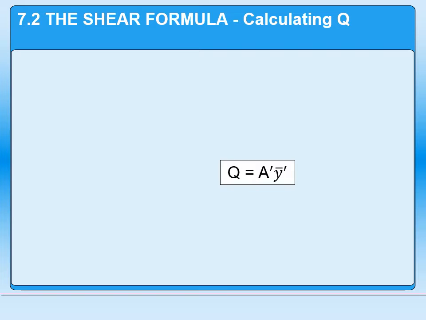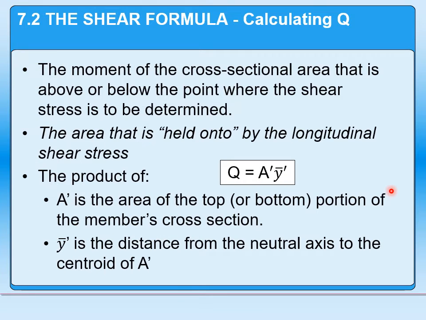So how do we go about calculating Q? Well, as we said, Q is going to be the moment of the area. This is the cross-sectional area, and we can either use the area above the point where the shear stress is to be determined or below. It makes no difference. We'll get the same result. And if you think about it, this longitudinal shear stress is sort of holding on to the area either above or below, which it's sort of locked into.